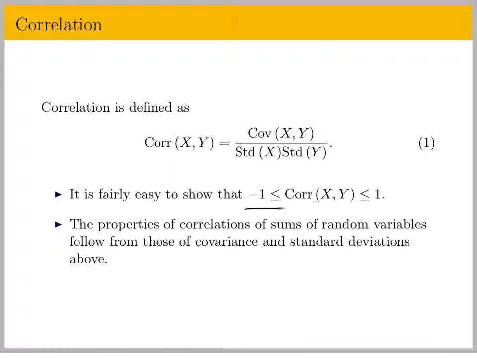So you can actually prove this property right here just using the same tricks that we've been using in the previous slides. And you can also show that the correlation of sums of x with sums of y, or x1, x2, x3, x4 with y1, y2, y3, and y4, will have the same types of properties. Actually, the scaling constants will pull out, but you'll just get the double sum of all the correlations.